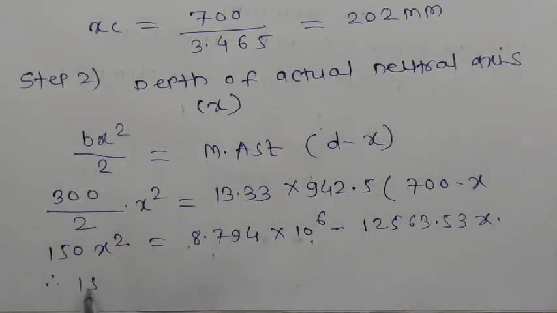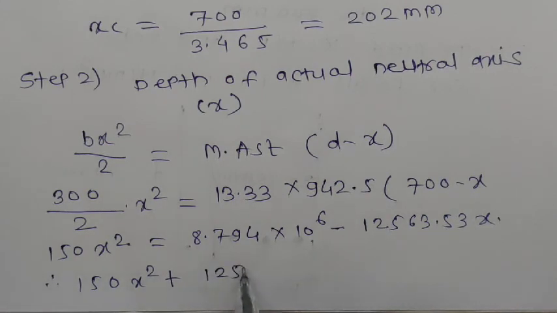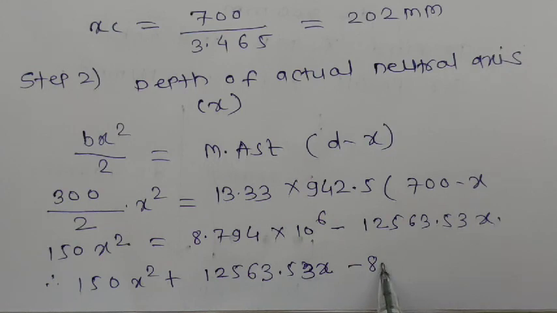Therefore 150 x square plus 12,563.53 x minus 8.794 into 10 raised to 6 is equal to 0.